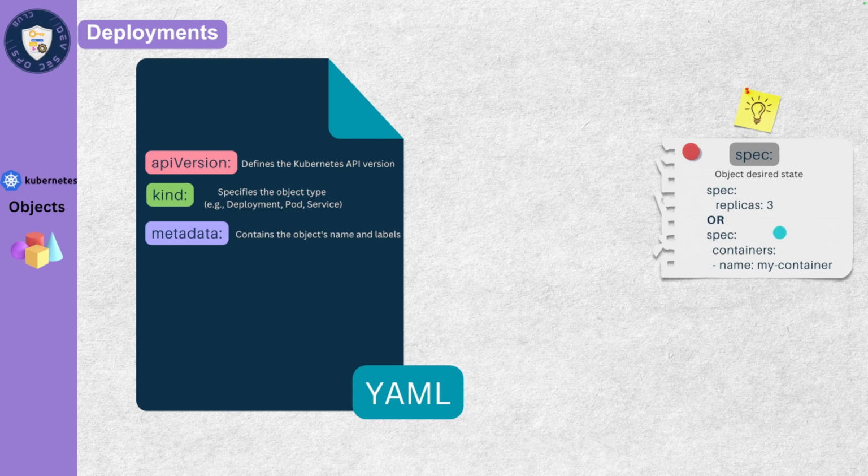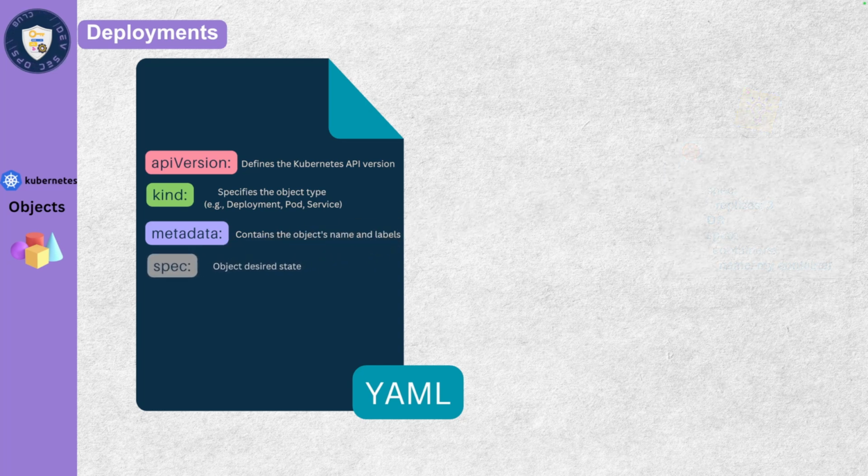In this case, we have spec replicas 3, which belongs to a replica set or deployment, where you define the replicas. In the spec section of a pod, you set containers. Here I just gave a name, my container. Like this you specify your spec section, and you are done.